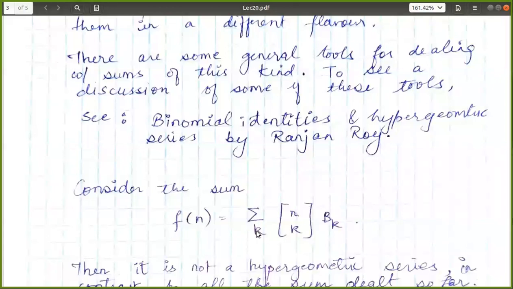So now the sum that I want to deal with is this. F_n is the summation over k of the Stirling number of the first kind, n k, multiplied by B_k, the kth Bernoulli number.